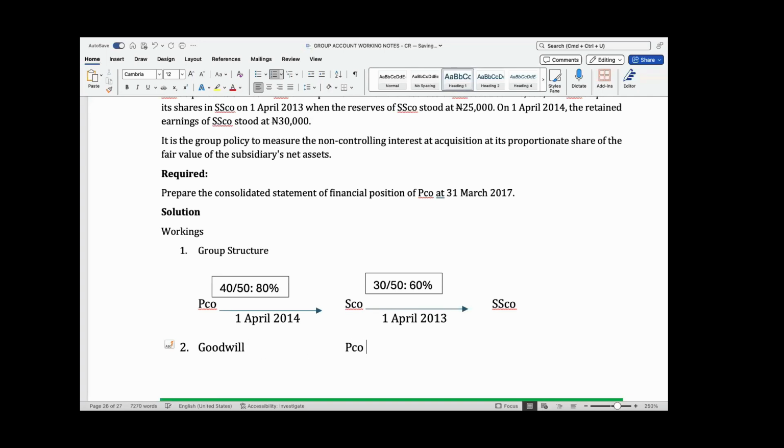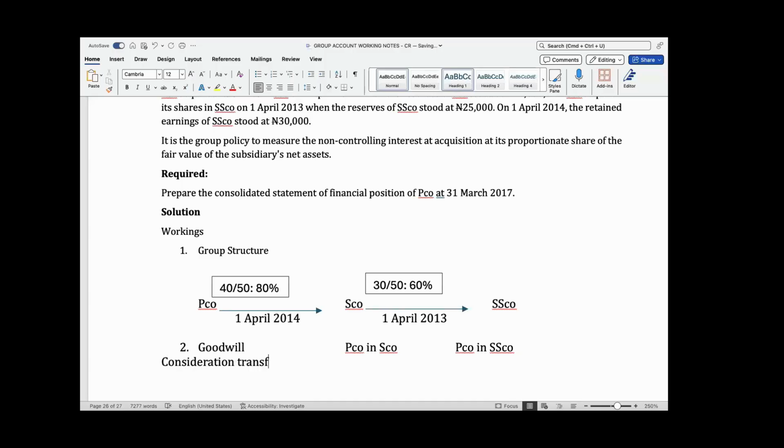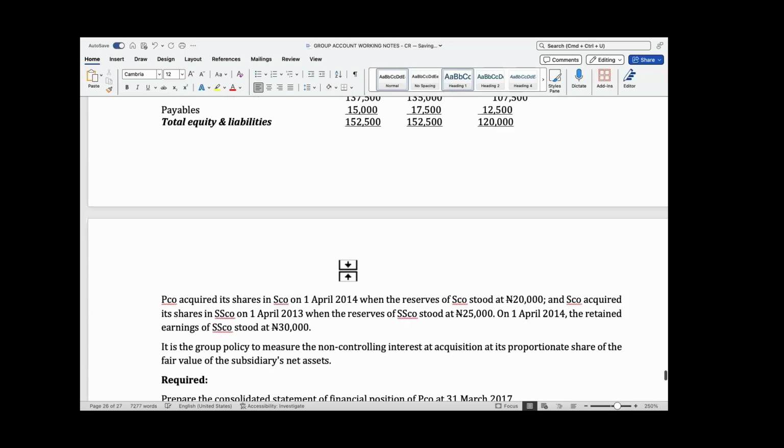So PICO in ESCO, PICO in SSCO. So what's the consideration transferred? Let me just start from there. So what did PICO pay for ESCO?